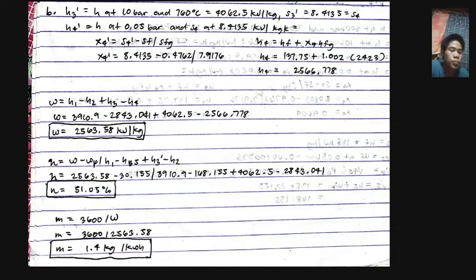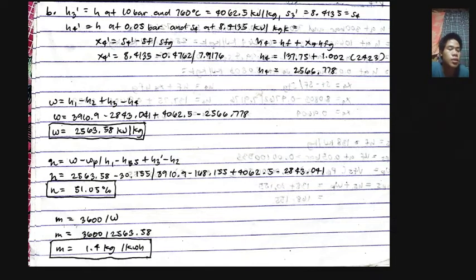That's the formula for N. Again, substituting it, N equals 2563.58 minus 155 over 3910.9 minus 168.155 plus 4062.5 minus 2843.041, and calculating it, N equals 51.5%.